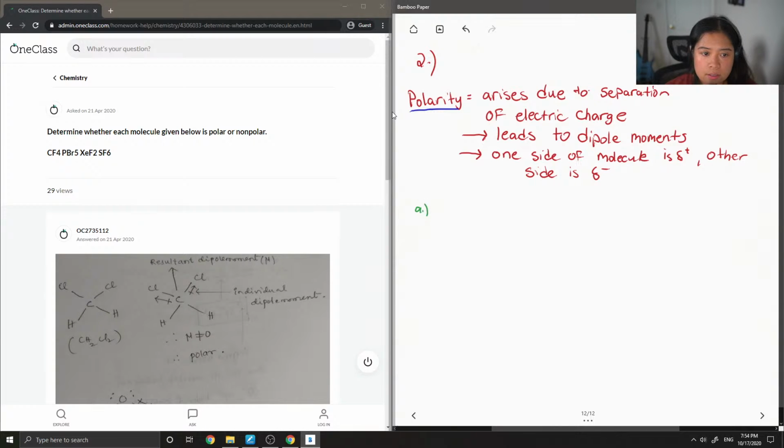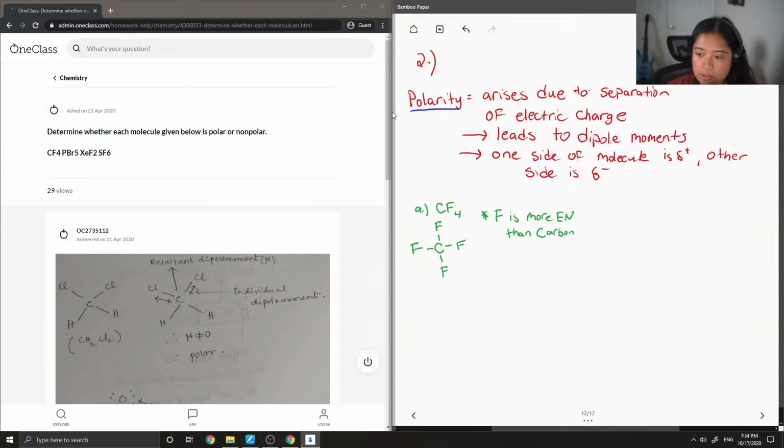So for A, CF4. Let's draw that out. We have our carbon in the middle, and 4 fluorines attached like this. Let's just write some notes about this. Fluorine is more electronegative than carbon.